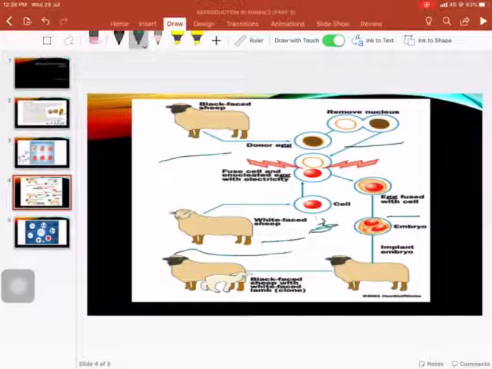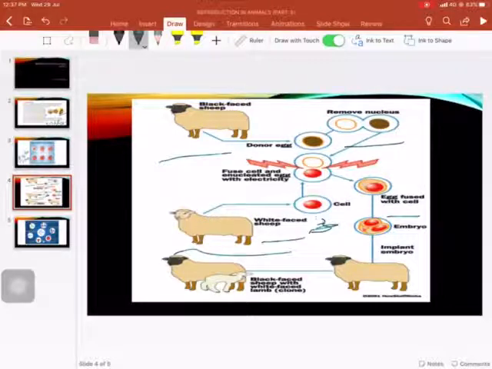I am repeating. Two sheep were taken, one was black faced and one was white faced. From the black faced sheep an egg was taken and the nucleus was removed from that egg, and inside it the nucleus of the normal cell taken from the white sheep was inserted.